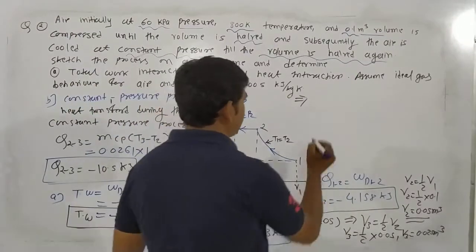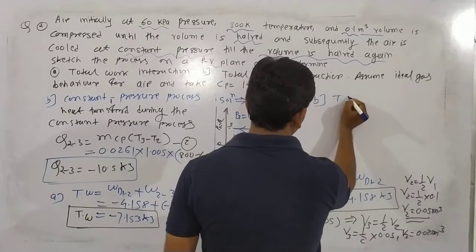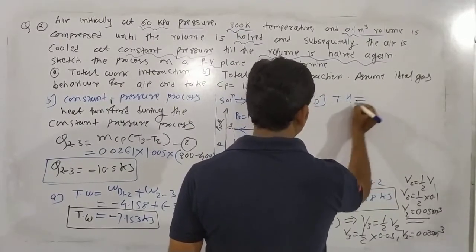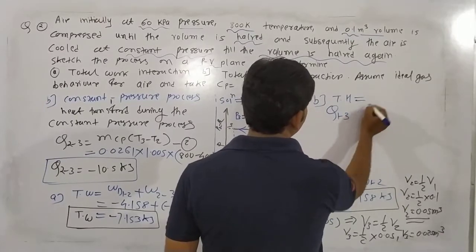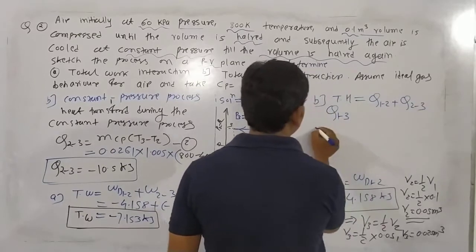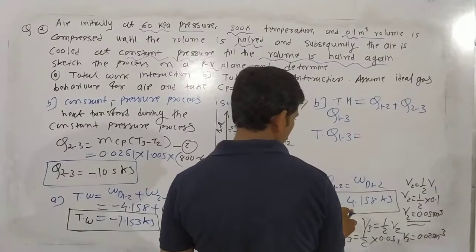Second is total heat interactions. Total heat interaction means Q1-3 is Q1-2 plus Q2-3. So Q1-2 is how much, guys?